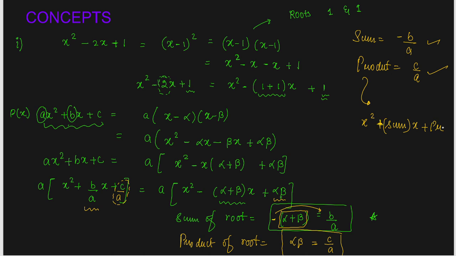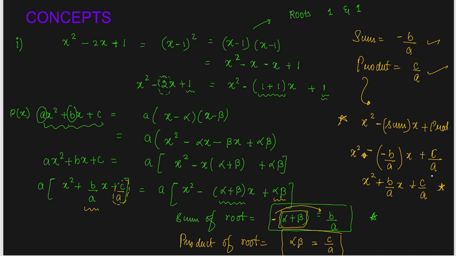Why I'm placing negative, I'll explain. What is the sum of roots in this case? The sum of roots is minus b over a. Thereby we place a negative sign over here so that this turns out to be this: negative sum of roots times x plus product of roots. So with a negative over here, this originally turns out to be positive b over a of x plus c over a.